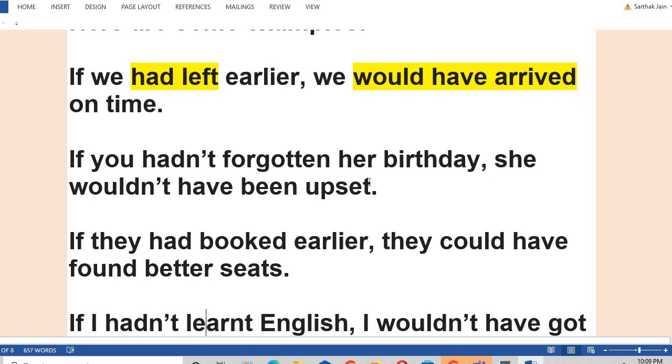If we had left earlier, we would have arrived on time. Now dear students, always notice this situation will be when the time has slipped out of our hands. Nothing can be done. Okay, so always remember this conditional will be used when the time has gone.